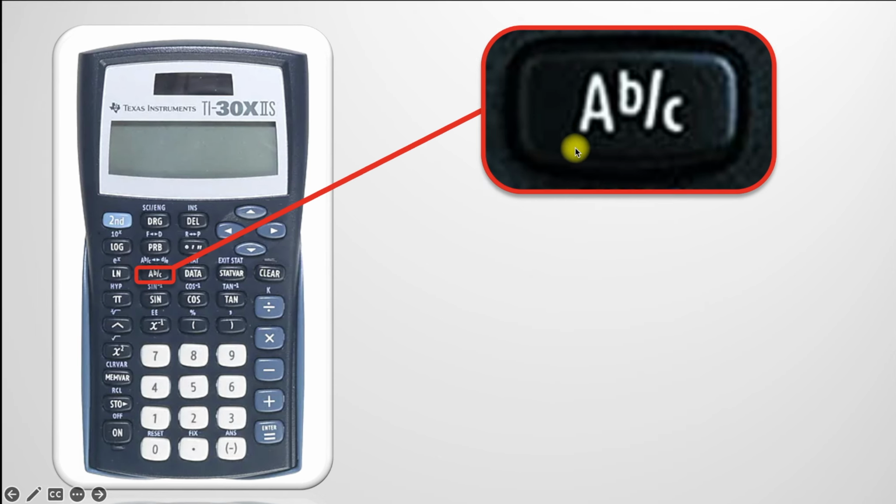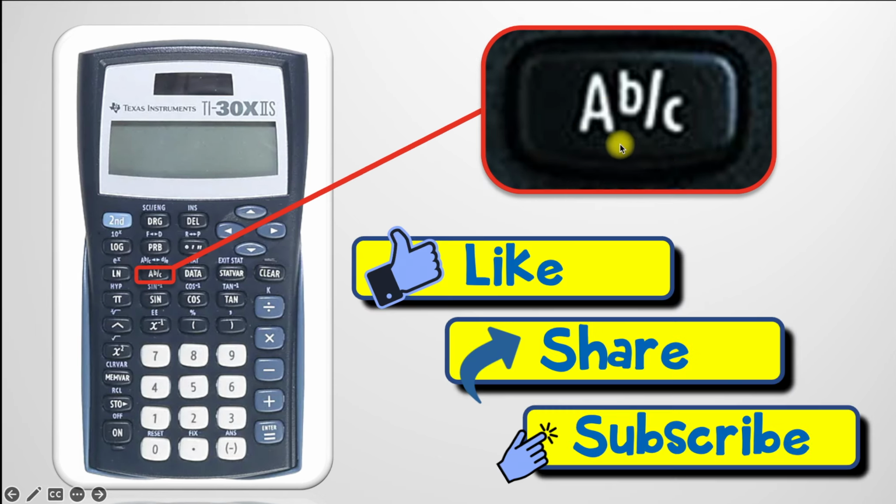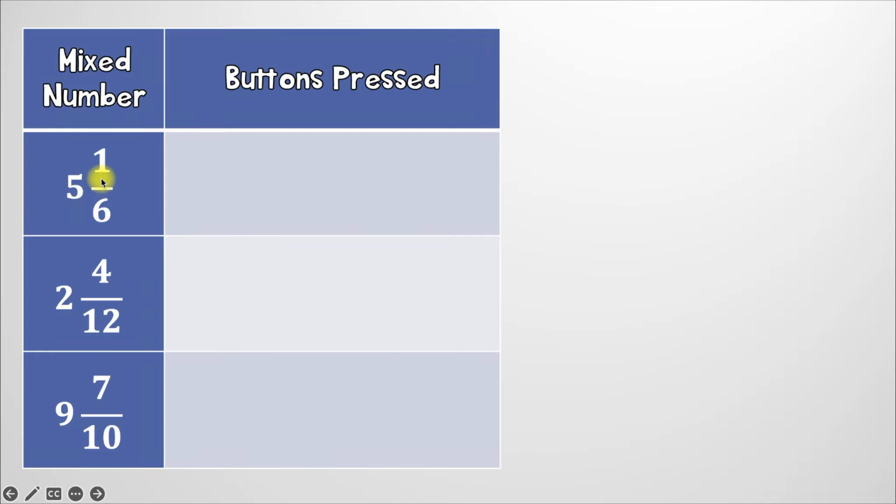Because it says A, then B, then C, you can tell it kind of looks like a mixed number. A is the whole number in the mixed number, and then this B over C is the fraction part of the mixed number. So this is going to be the button that we need in order to successfully create mixed numbers. So let's go over our first example, 5 and 1 over 6.